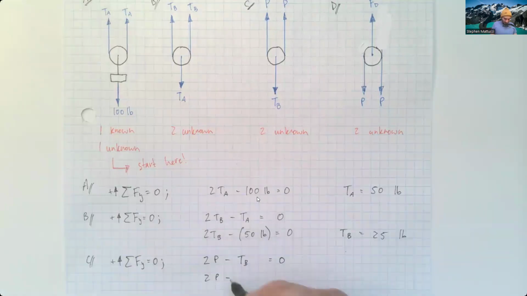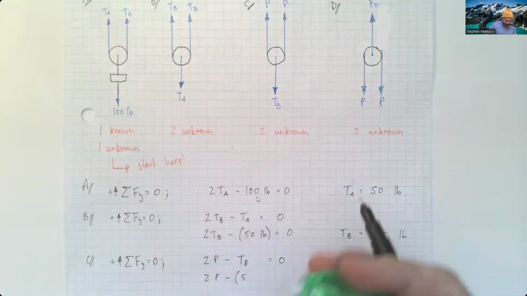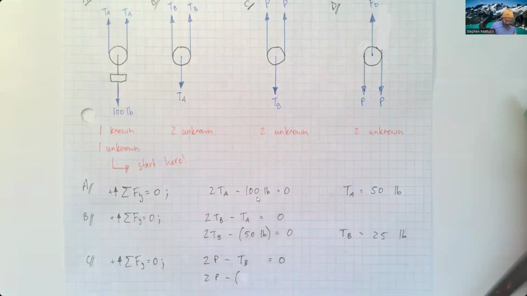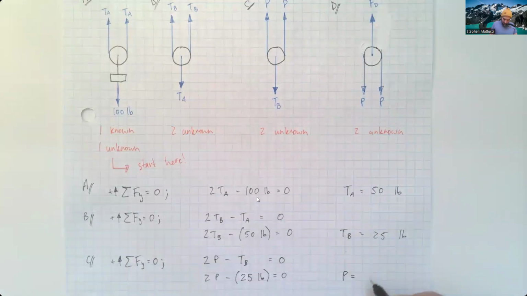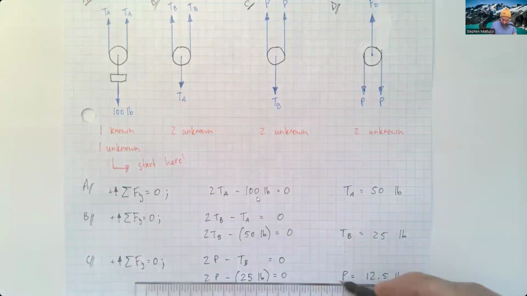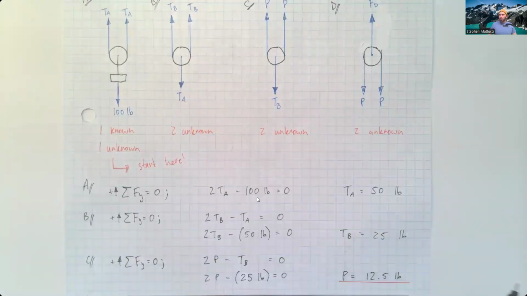So 2P minus, sub in 25 pounds, equals 0. This gives us P is 12.5 pounds. That's our final answer.